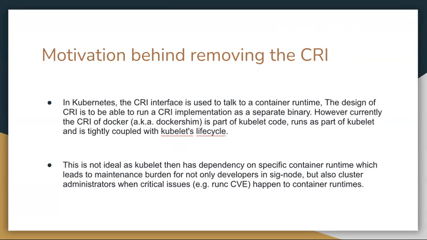So this is where the problem was coming: if your kubelet got affected, because the CRI was heavily coupled with the kubelet, the CRI also got affected and in turn the container. So this is why they wanted to decouple it and make it much more sustainable, because Kubernetes does not prefer tight coupling. It goes for loose coupling.